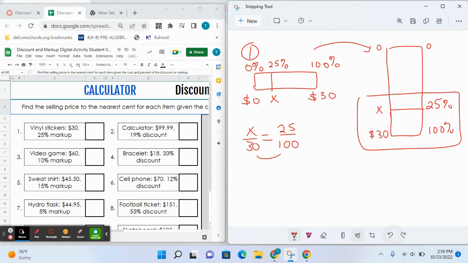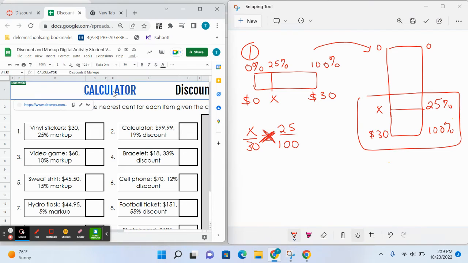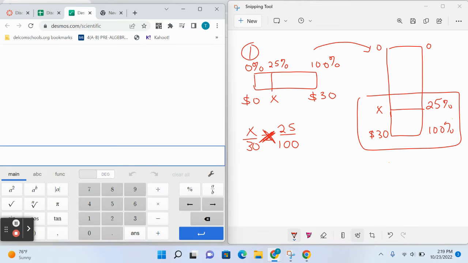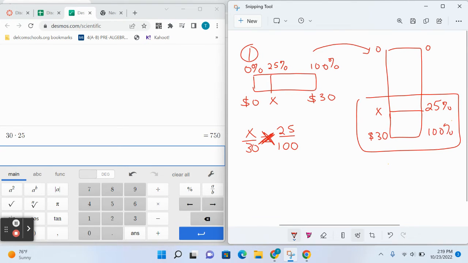If it doesn't work out with a whole number, I would use the butterfly. I would just know that 30 times 25 is equal to the missing number that we want times 100. You can use a calculator; it's on the top of your lesson. 30 times 25, I get 750.